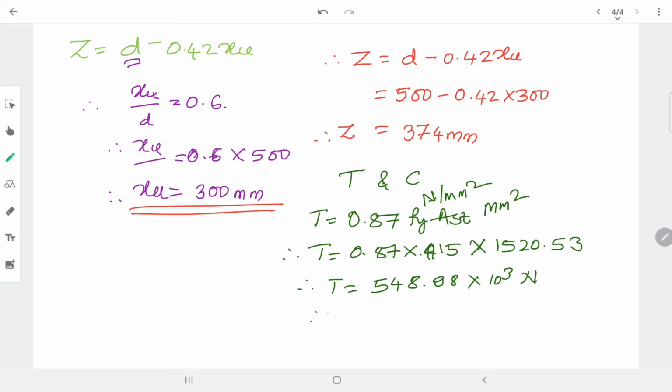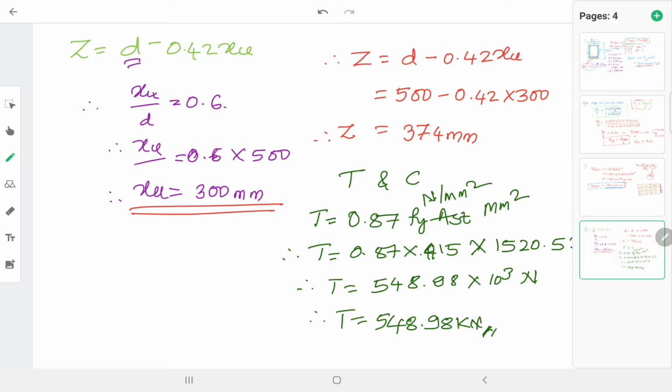So T is equal to 548.98 kilonewton. This will be the value of T.